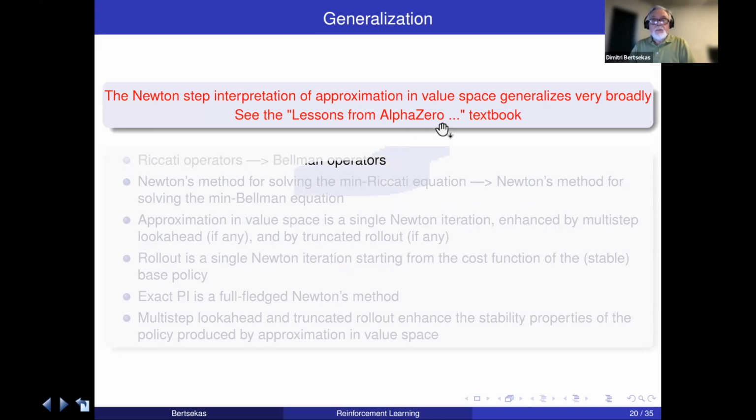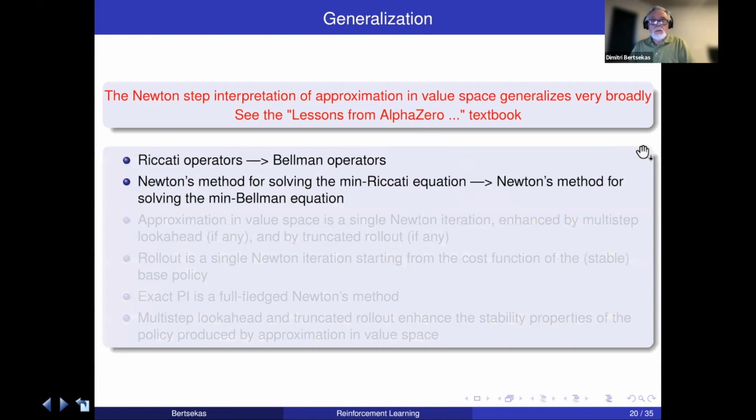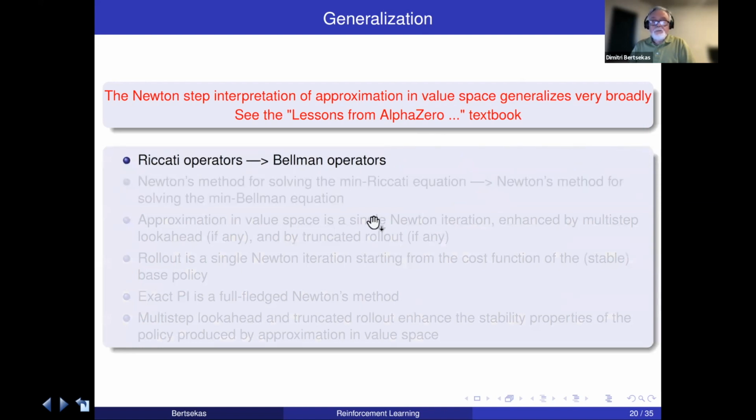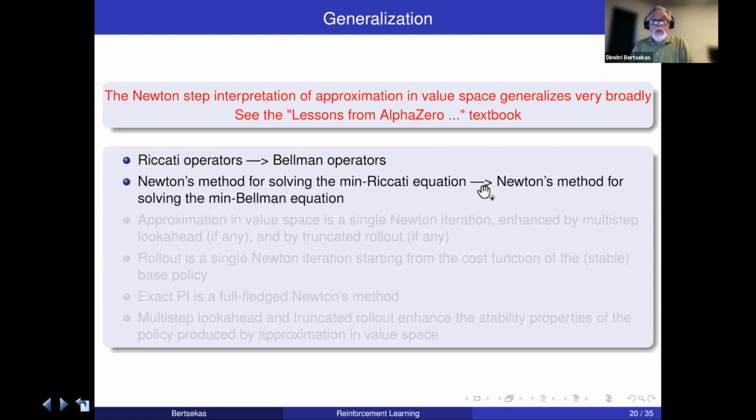In particular, it shows how you do this. This involves using Bellman operations in place of Riccati operators. Instead of using Newton's method to solve the min Riccati equation, Newton's method is used to solve the min Bellman equation.